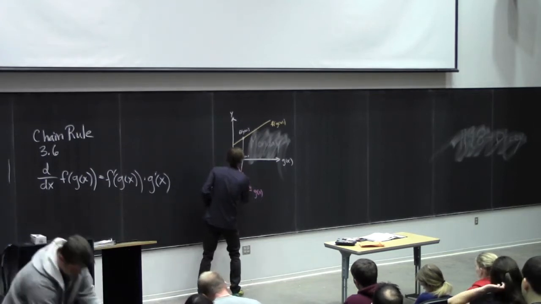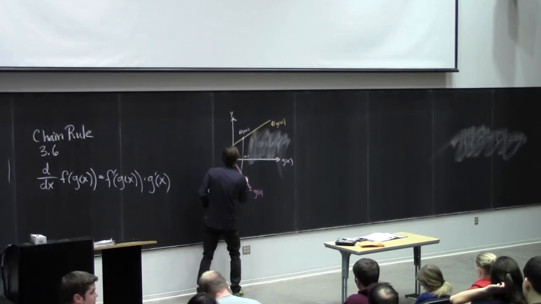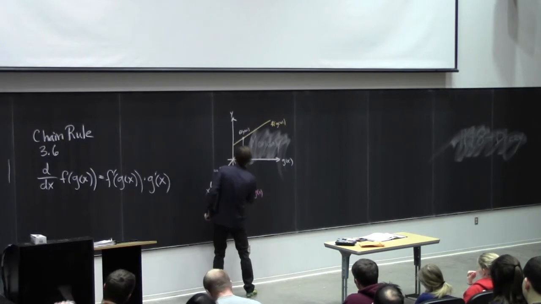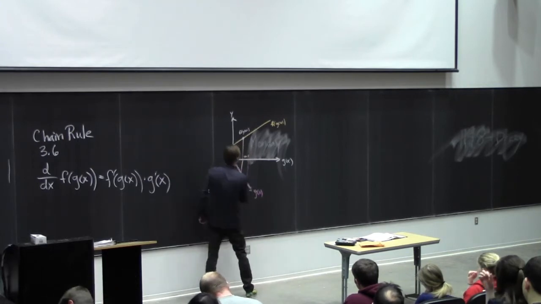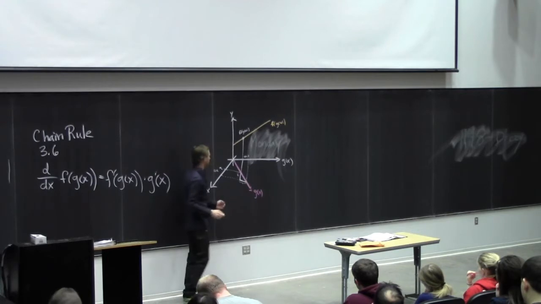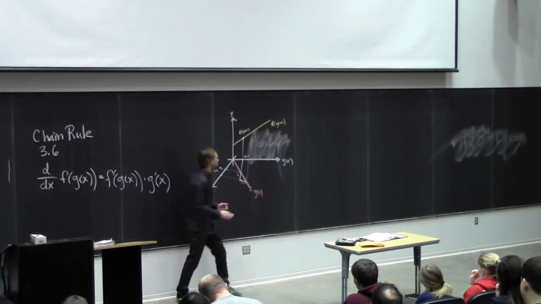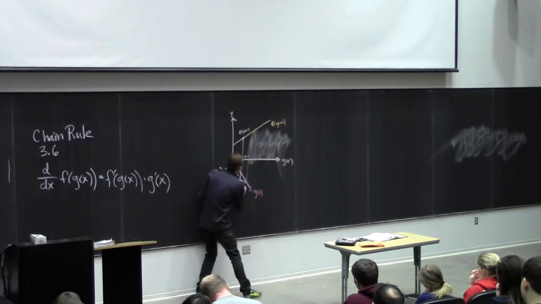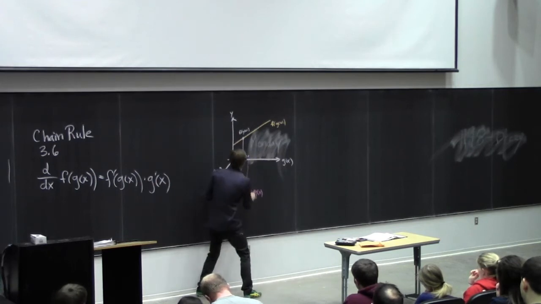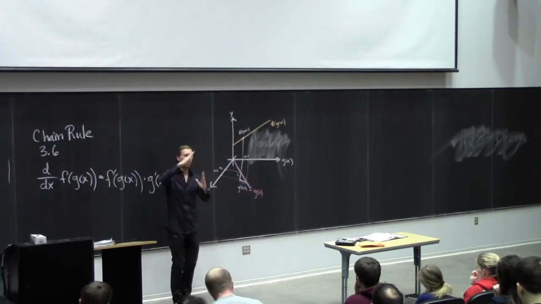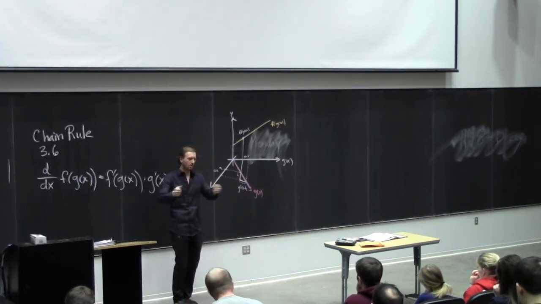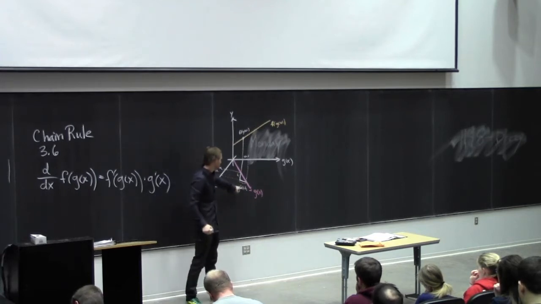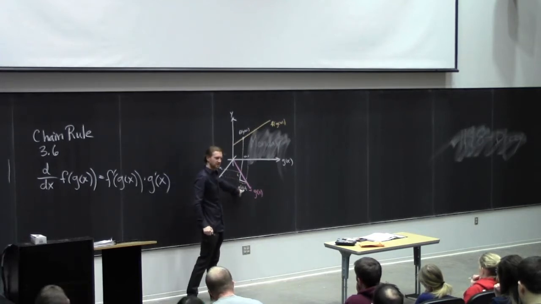This makes a little right triangle, and this distance here is h. And this distance, my perspective is really off, but that's okay. This distance here is going to be g prime of a times h, because you go up a slope of g prime as you go over h. This is the slope of the line here.